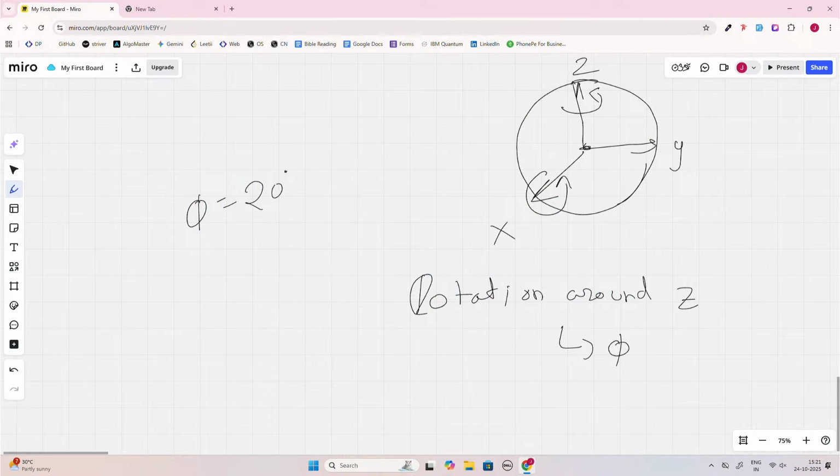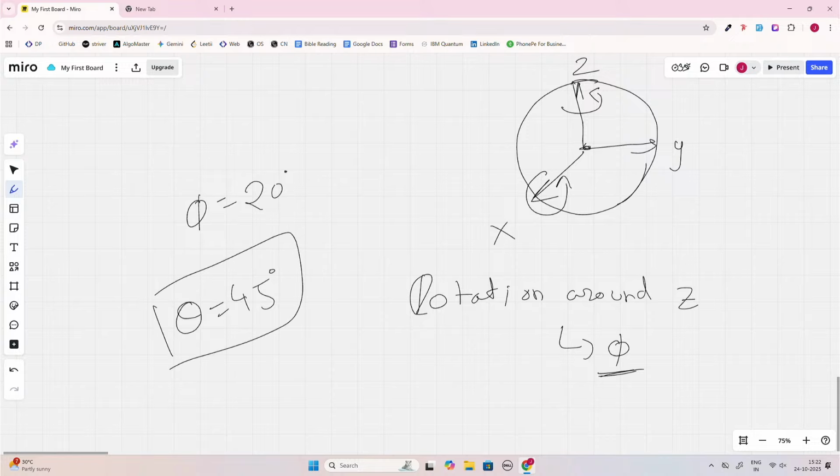When I say rotation around z-axis, it is phi. Rotating 10 degrees around z-axis, phi equal to 10. Rotating 20 degrees around z-axis, phi equal to 20. If I say rotation around x-axis, it is theta equal to the angle.